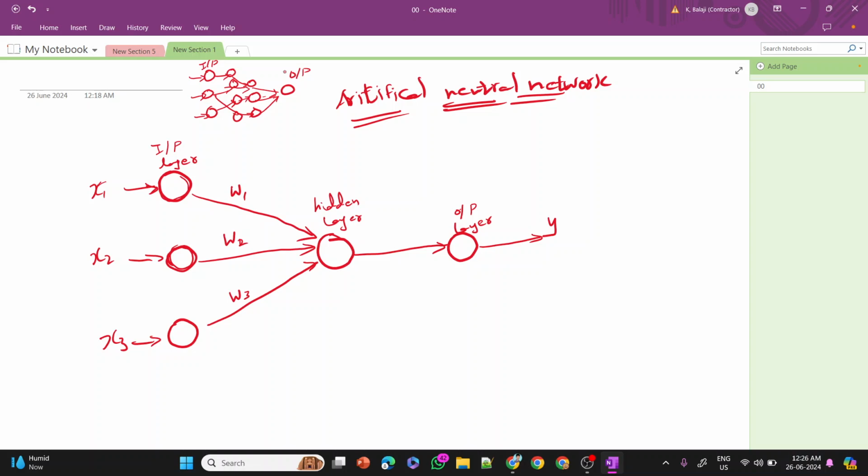But how does the information get stored? Let's see.